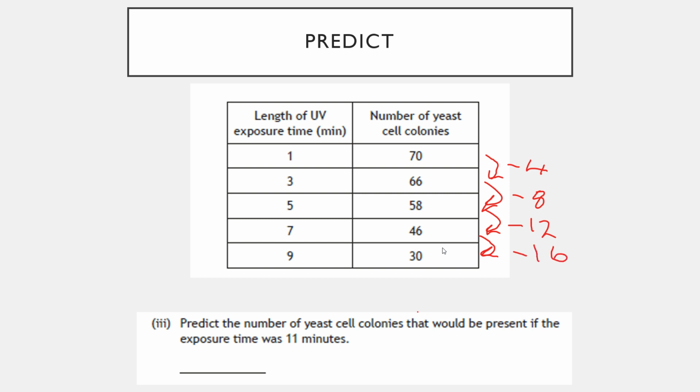So our pattern is the 4 times table. We need to follow that logically on to the next time point. So what should be up next in that pattern is 20. So we're going to 30 minus 20 for our final answer of 10 yeast cell colonies.